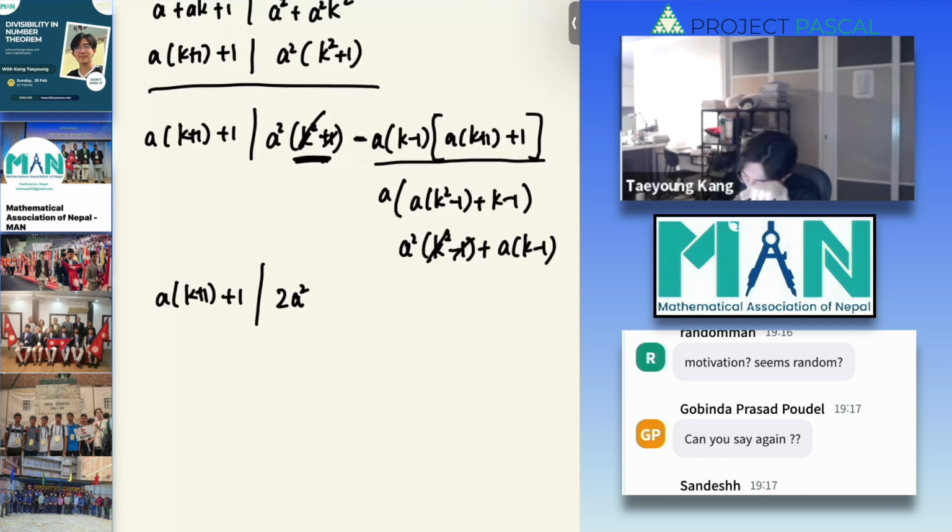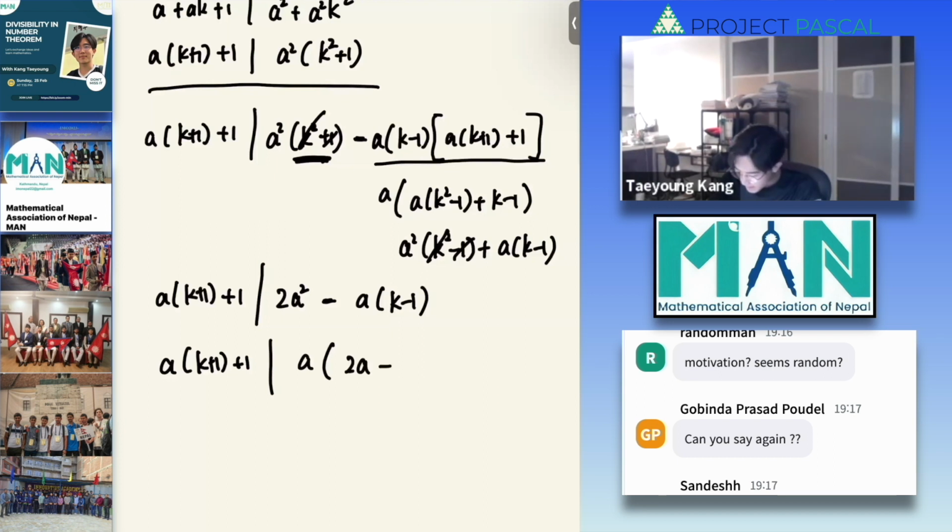Then we have minus a times k minus 1. Correct? But then we realize that we can completely factorize out a from the right hand side. We get a times k plus 1 divides a times 2a minus k plus 1.